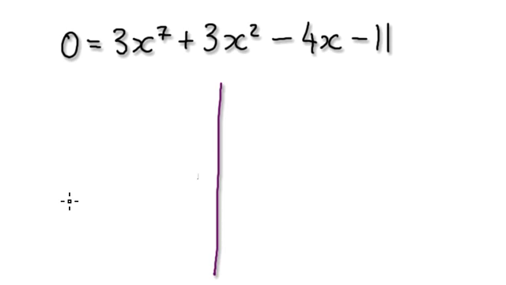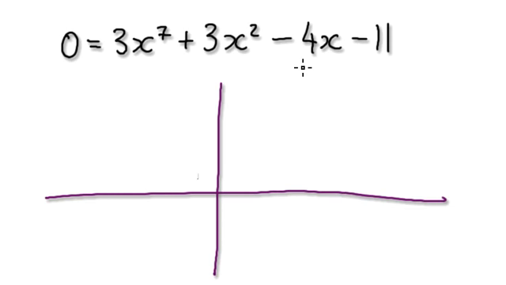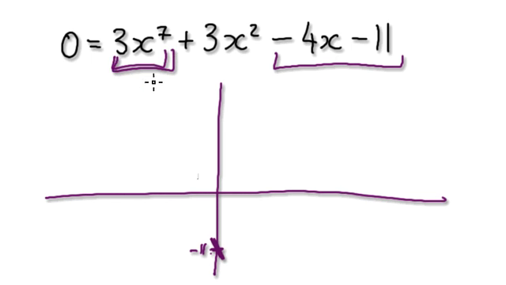So a start would be to sketch the graph here. When x is small, we want to do this. So an intercept of negative 11, and a gradient of negative 4. And when it's big, it wants to do this here. So this is similar to a cubic. So from our section on sketching complicated graphs, you should know how to do this by now.